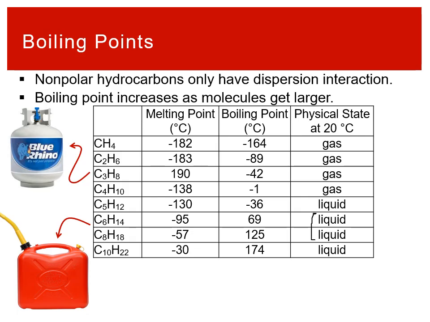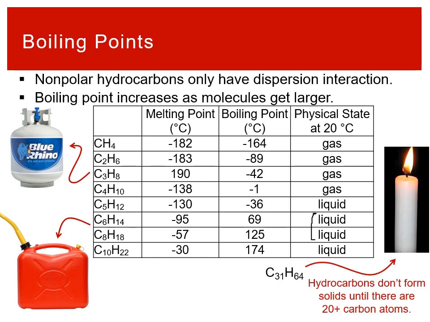It's pretty easy to pump gasoline into your car. Think about all the protections around pumping propane into a tank, because handling gases is a little more tricky. And this can keep going. When you go to C31H64, that's a really big molecule, and it becomes a solid at room temperature. That's like candle wax, C31H64.